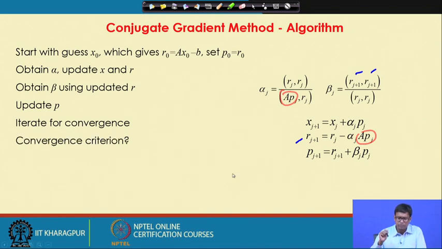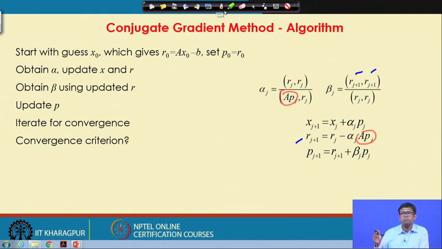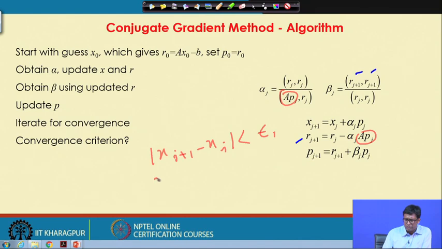What should be the convergence criteria? That is the idea we got from the basic iterative methods: the norm of x_{j+1} minus x_j is less than some small number epsilon, say epsilon_1, or the residual r_{j+1} must tend to 0, where r is equal to b minus Ax.